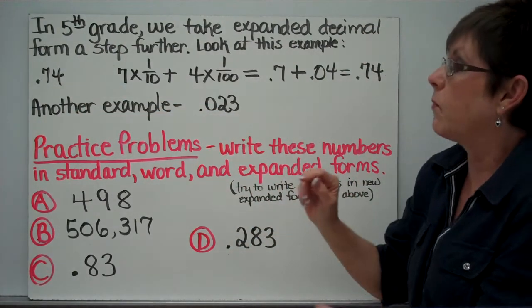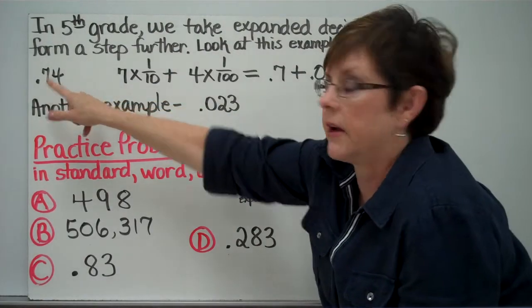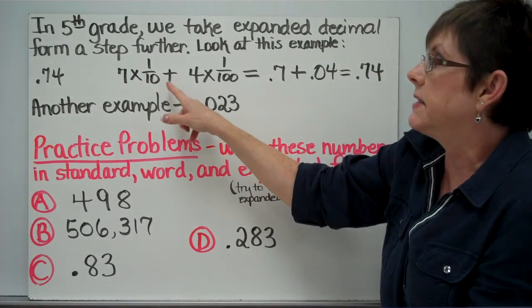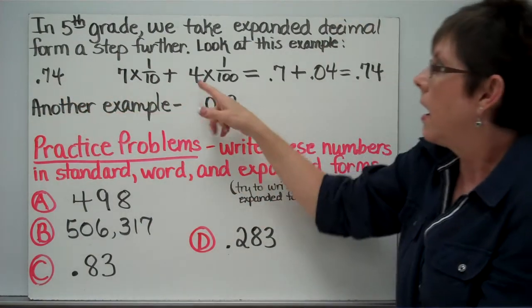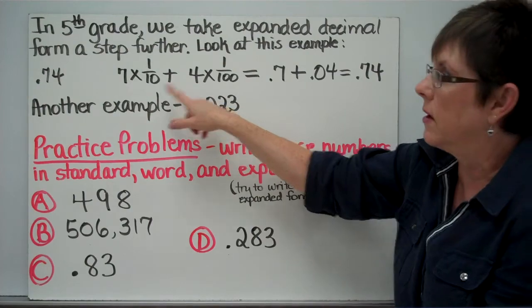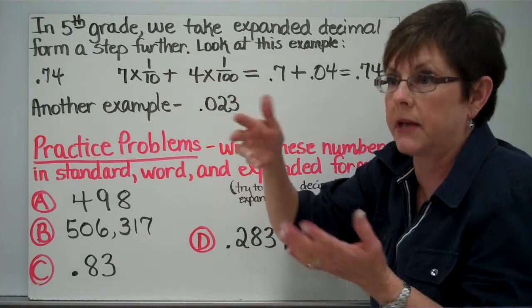74/100. All right, what this really is 7, because there's a 7 there, and times 1/10, because that is the tenths place. Plus, we're breaking it down, the 4 is in the, you're probably thinking hundredths place, you're right.